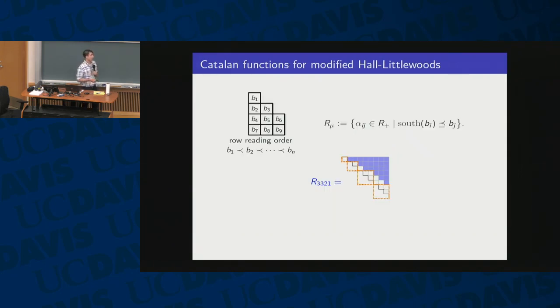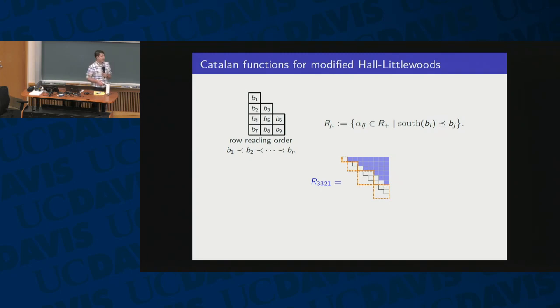So here, I'm going to get a different root ideal that's somewhat similar. So let's take, once again, just by example, 3, 3, 2, 1, but really any partition, and we'll draw its partition diagram in French notation, and then give it a row reading order on the boxes, left to right, going top to bottom.